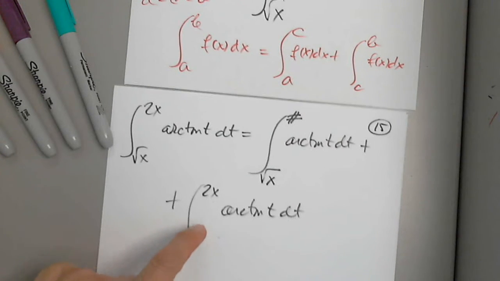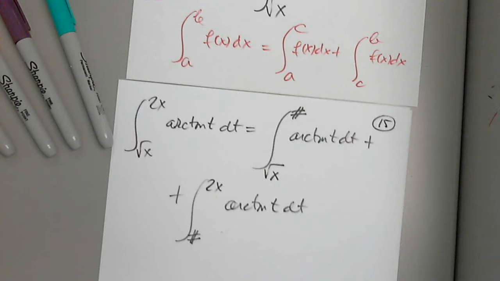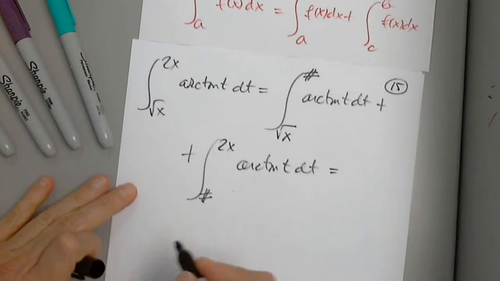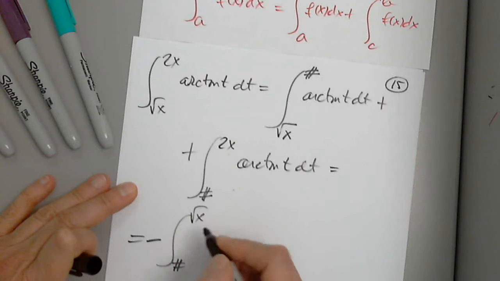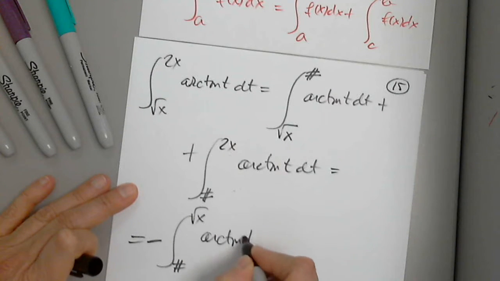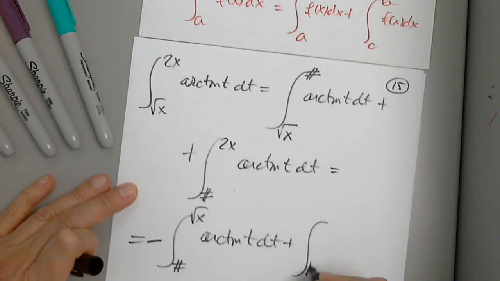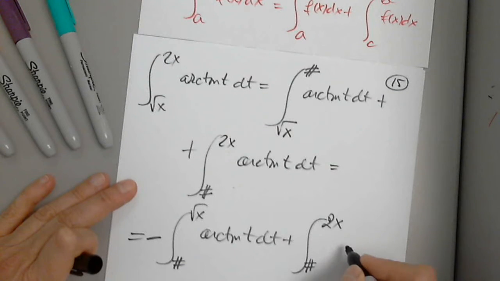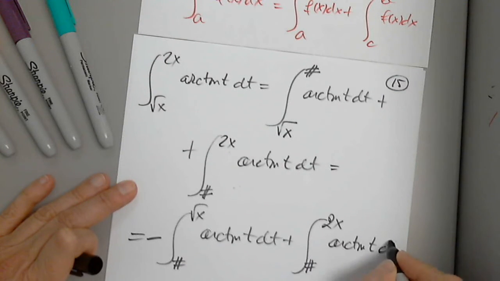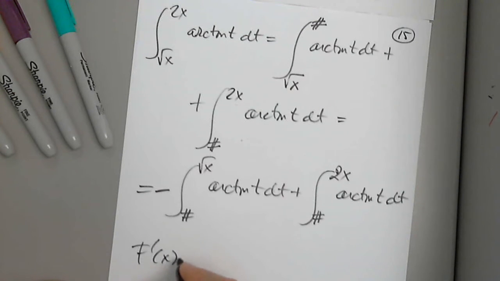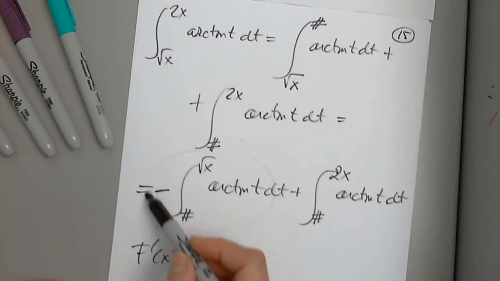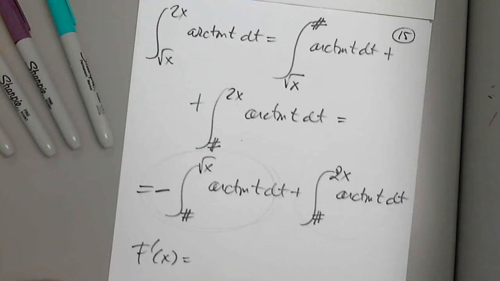Now the second integral is ready for differentiation, but the first one is not. What do I do to it to make it ready? Exactly. Negative the integral from whatever you want to the square root of x of arctangent t dt plus the integral from that number to 2x of arctangent t dt. And now I'm ready to differentiate F prime. Please differentiate this, and please differentiate this, and give me the answer.